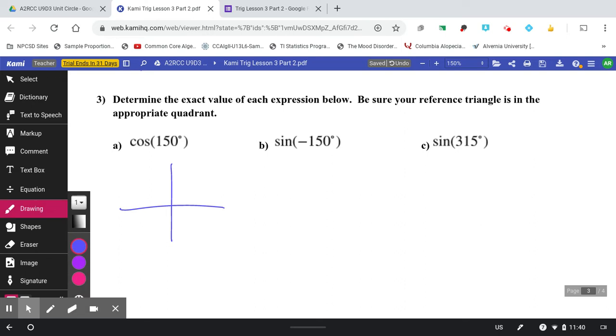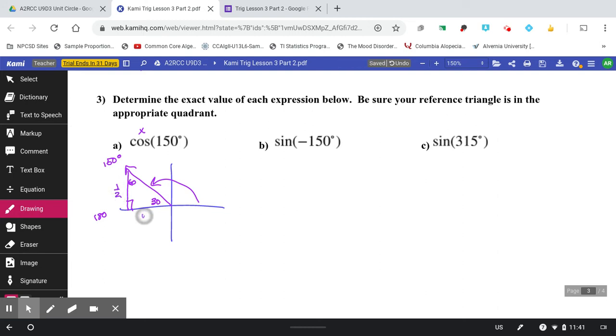Okay, so here you're thinking about finding the exact value of the cosine of 150, which is the x value. So 150 degrees, you would be drawing here. Drawing your reference triangle, that means that my reference angle, because this is 180, is 30 degrees. So that gives me a 30, 60, 90. Well, this is 1/2 because it's across from the 30.